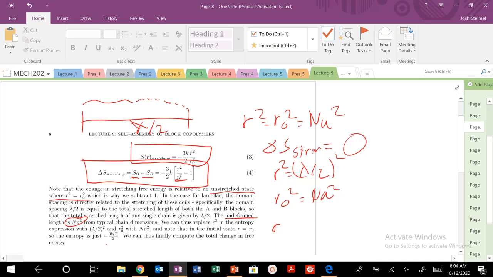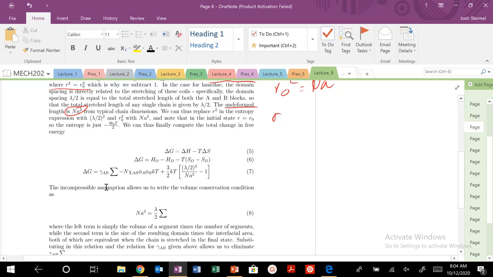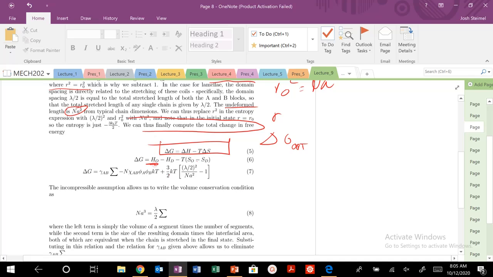So we can replace this, and then rewrite the full free energy change, the total delta G from our order-disorder transition, you could call it that. Remember, we only had one delta H. We had the enthalpy of our ordered state minus, because again, we're going from ordered to disordered state.